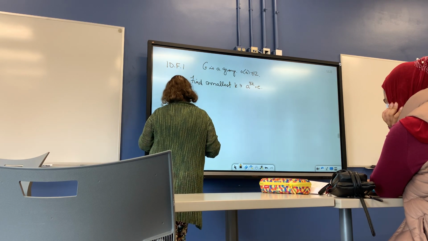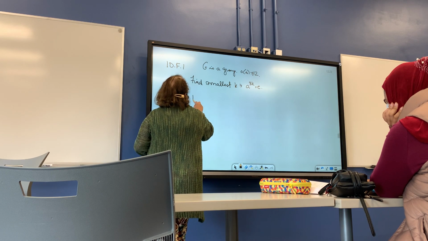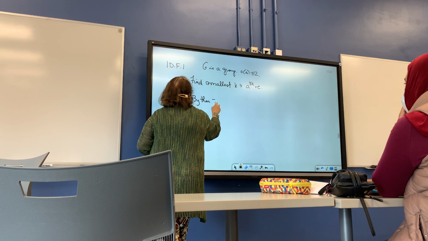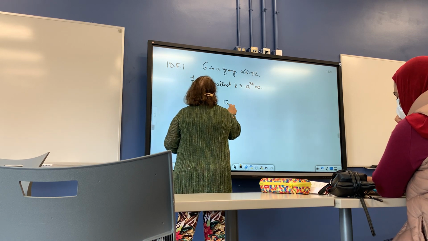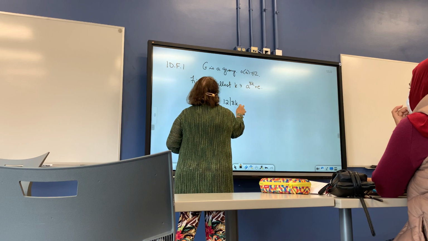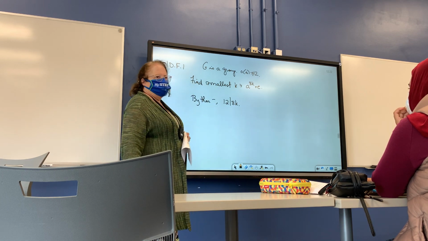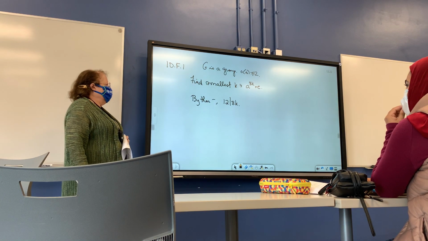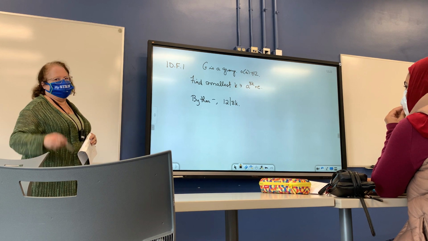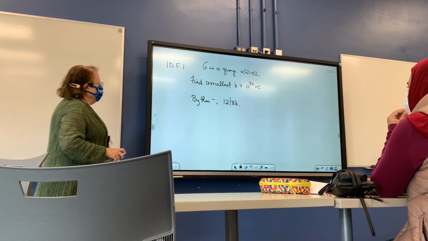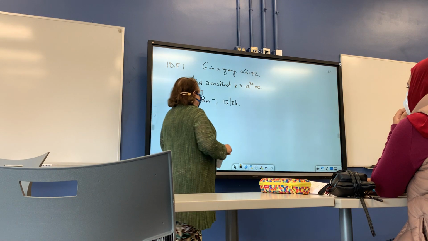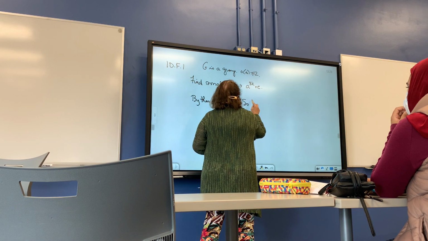Okay, and he suggests using theorem 5. By theorem 5, 12 divides 8k. The order of any element divides an exponent that gets you back to e. So I would suggest writing this as a product.